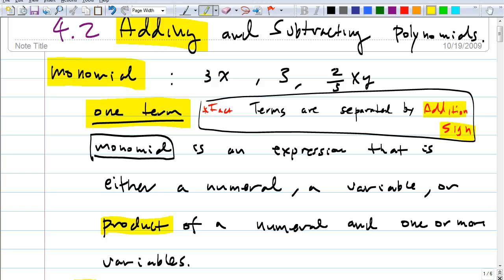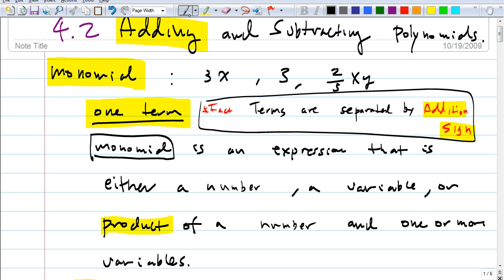As you can see, there are examples. I'll wait for you to write this down. Any questions? I'm asking you to change that to number, it's the same thing. So either a number, a variable, or a product of a number and one or more variables. Anybody need more time? Okay, take it.